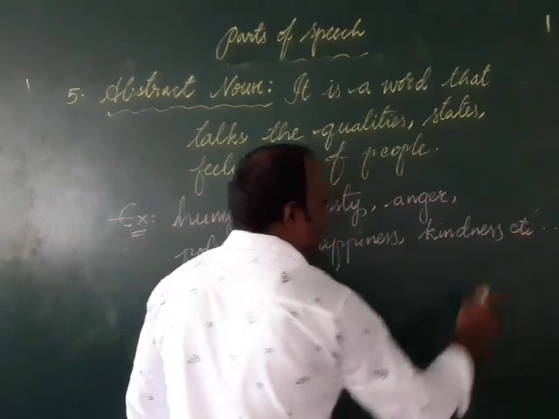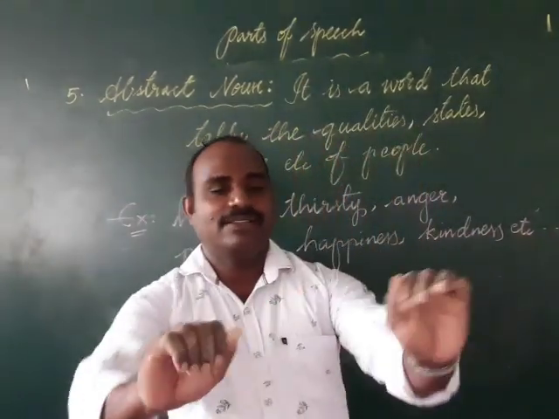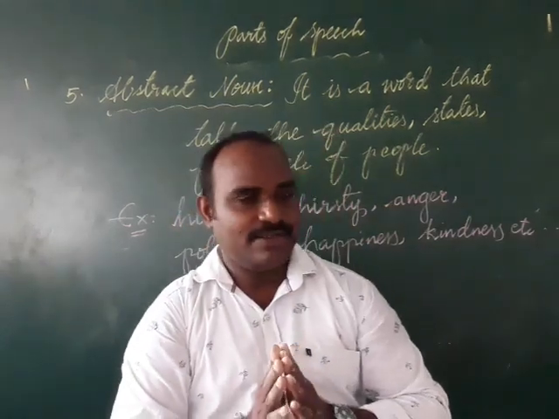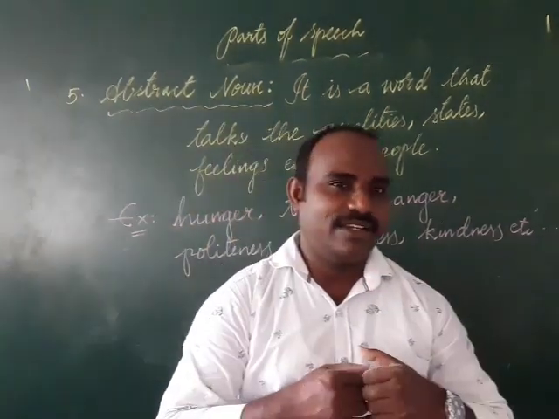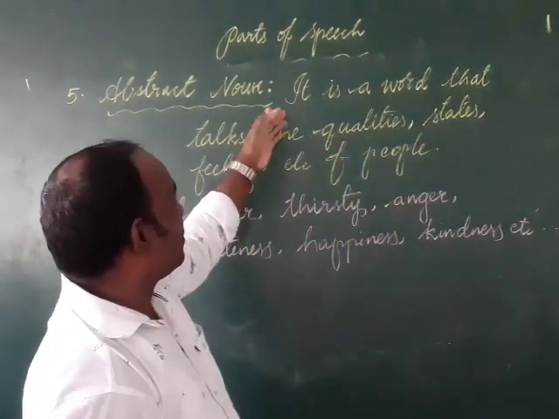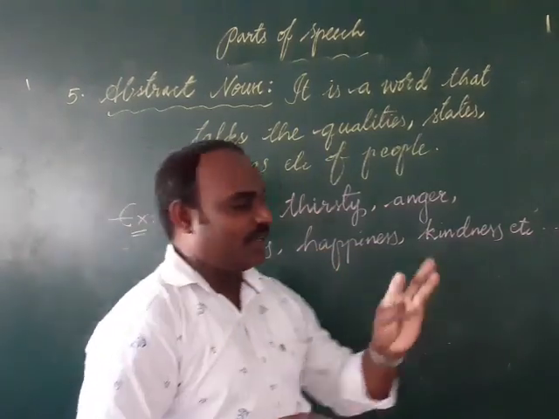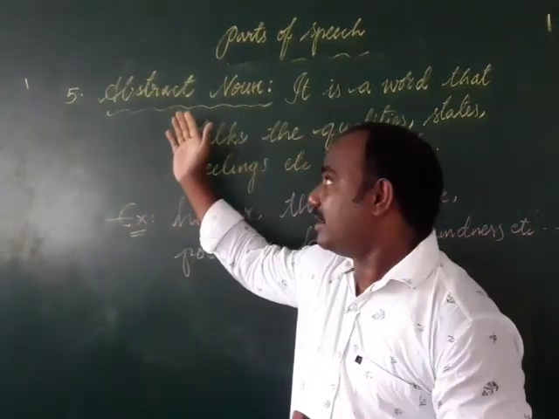Actually, see, nouns can be categorized into only two types. We can explain it like that also. Nouns are not of five types. We have discussed common noun, proper noun, collective noun, material noun, and abstract noun.